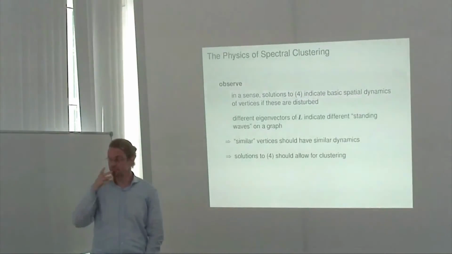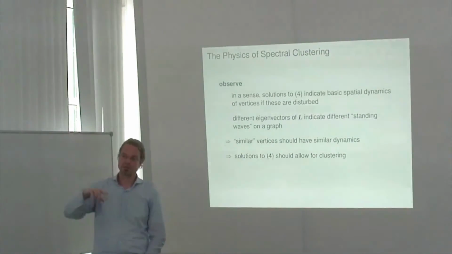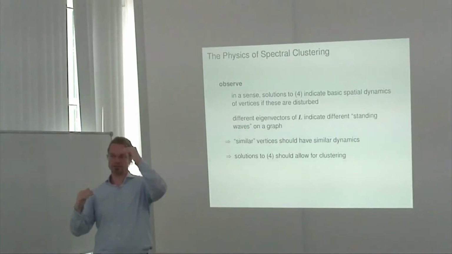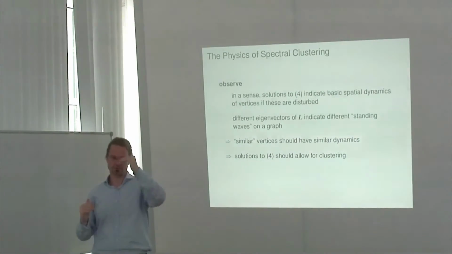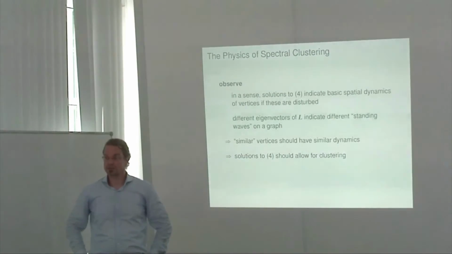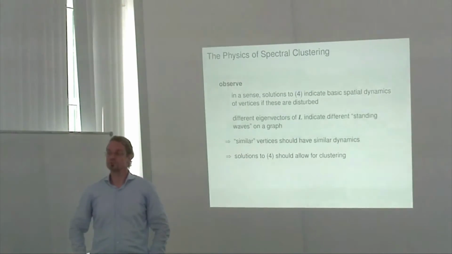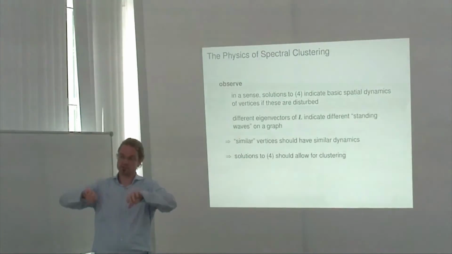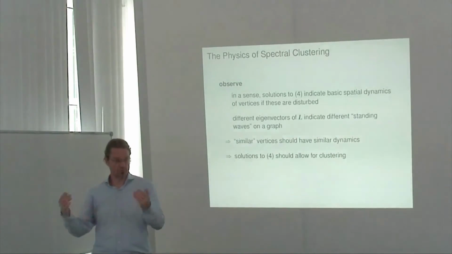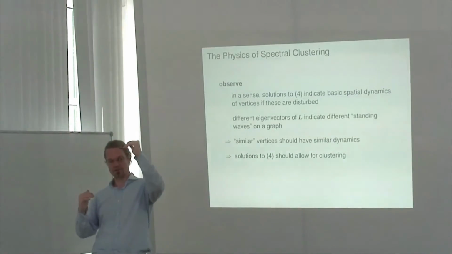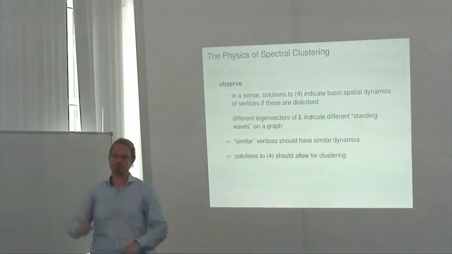And the Fiedler vector, that is the vector belonging to the second smallest eigenvalue, has just one thing going up, one thing going down, one thing going up, one thing going down. And so therefore that is really a vector that would allow us to divide the vertices of any graph into two groups, namely the one that's going up whereas the other is going down, or vice versa.